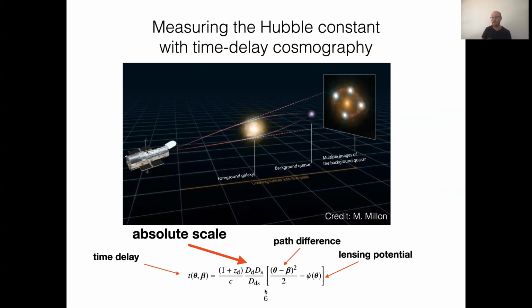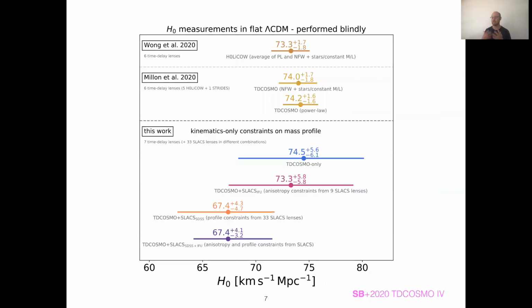So what I presented last year here is the update from TDCOSMO 4, where we relaxed significantly the assumptions that we previously used and added additional data, where we then came to results that, when adding SLACS, are consistent with Planck and about 1 sigma off from measurements from the SH0ES team.